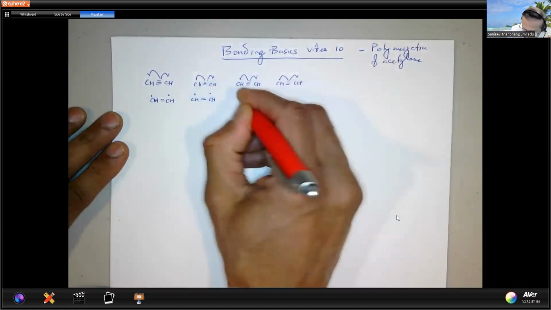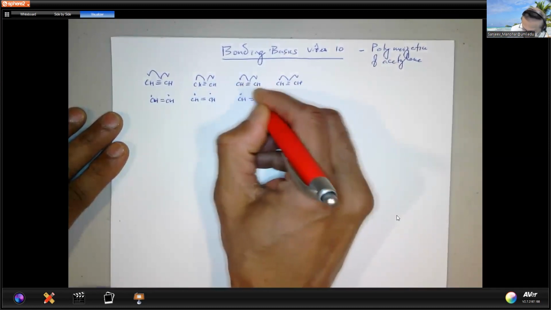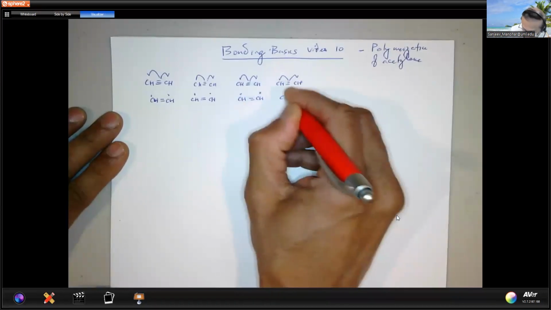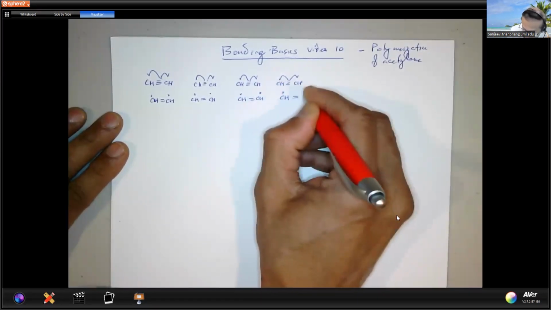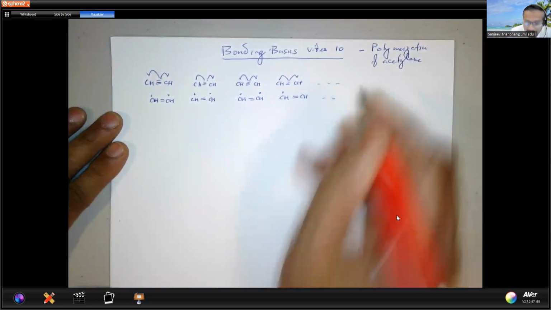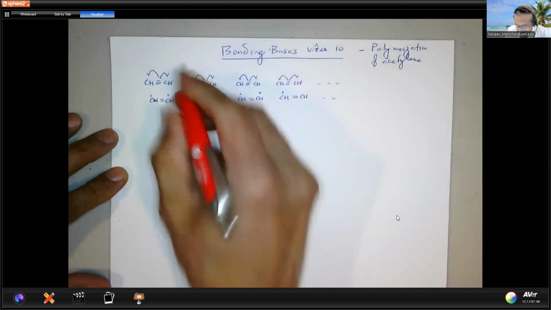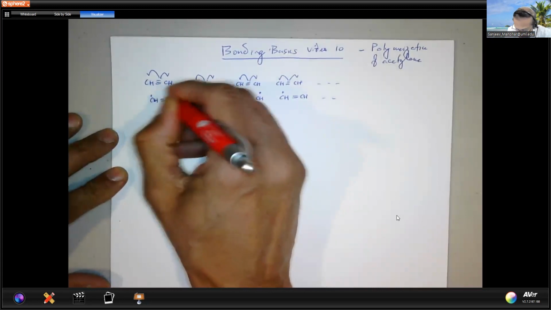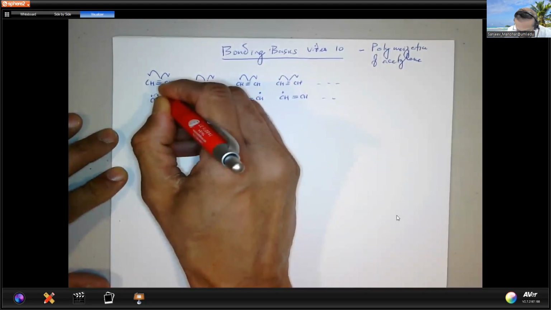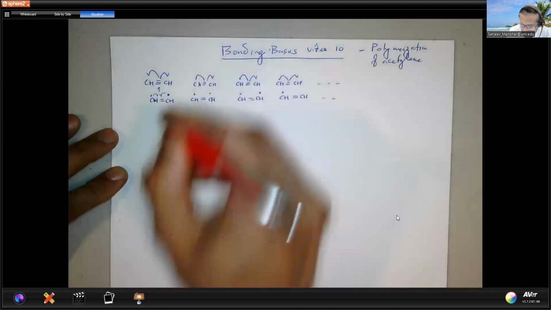CH dot, CH dot, double bond, CH dot, CH dot, double bond, CH dot, and so on. So now you can see these radicals can either come back this way to give you back the starting material.